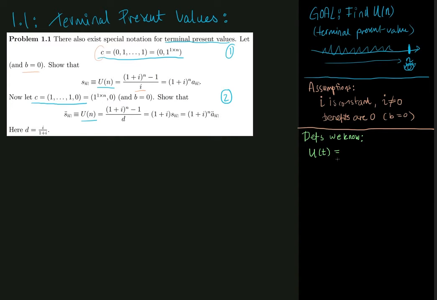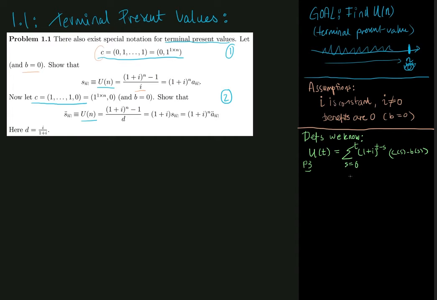On page 3 of the book, we can see that U of t is given by 1 plus the interest to the t minus s multiplied by C of s minus B of s, summed up for all time values s ranging from 0 to t.